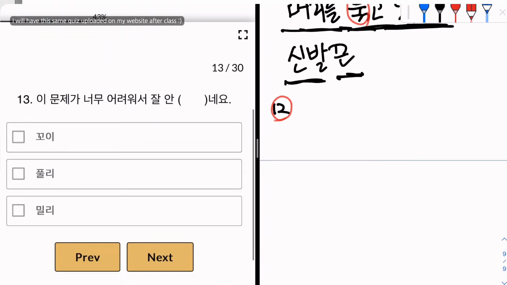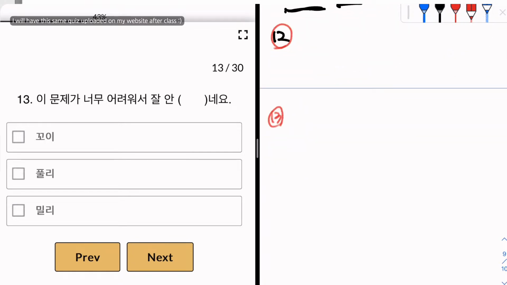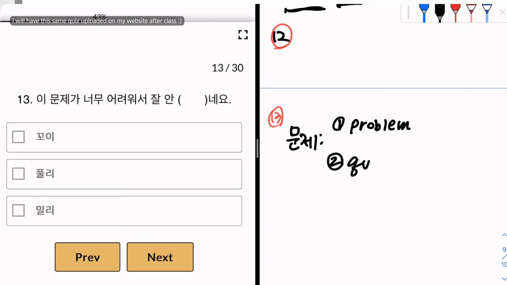Okay, let's move on to the next one, number 13. 이 문제가 너무 어려워서 잘 안 blank네요. So 문제, first of all, it means problem. And secondly, it can also mean question, as in exam questions, questions in your workbook.